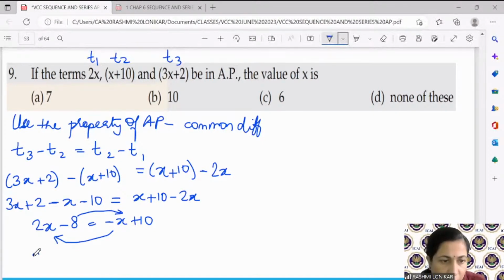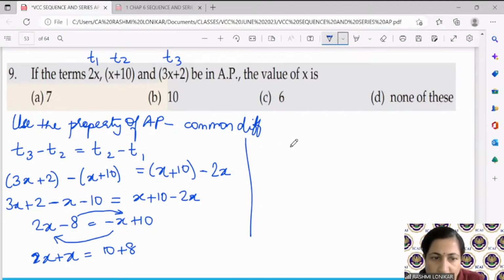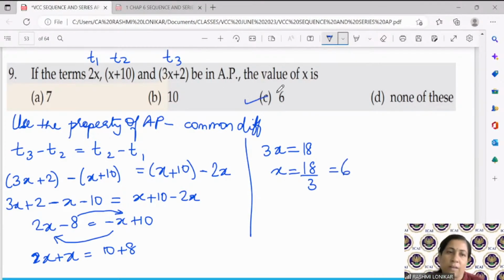So this becomes 2x plus x is equal to 10 plus 8. Because this is minus 8, it will become plus 8. So 3x is equal to 18. So x is equal to 18 upon 3, which is equal to 6. So C is the correct answer.